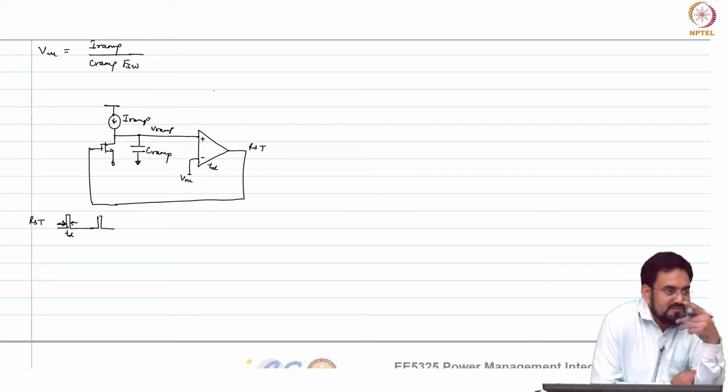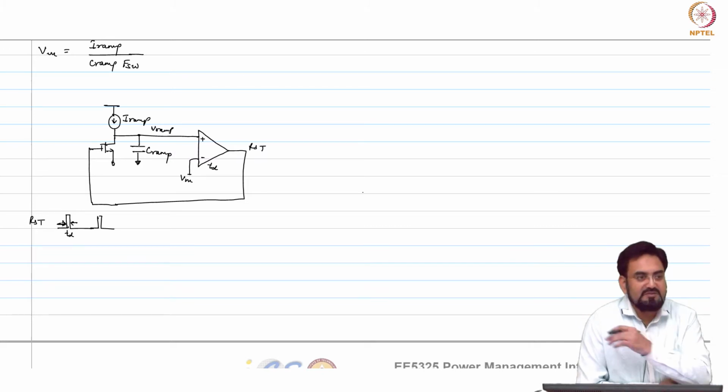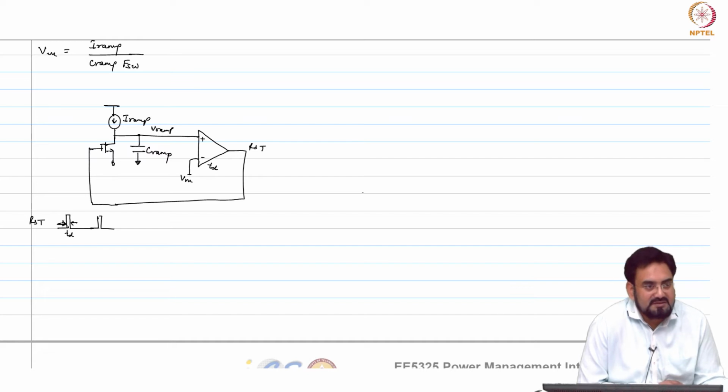But what if I need a square wave clock, then can I get it from here? Because the comparator output has a very narrow pulse width. One way is to just have VM by 2 and you will get a 50% duty cycle of that. The other way is you run it at 2x and put a divide by 2 at the output flip flop, and it will give you 50% duty cycle.